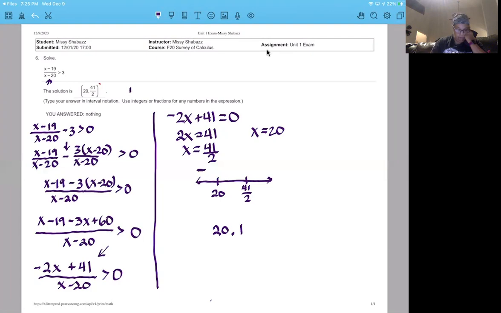What am I doing wrong here? So 20.1, the top is going to give me something negative, the bottom is going to give me something positive, so that's going to give me something negative.